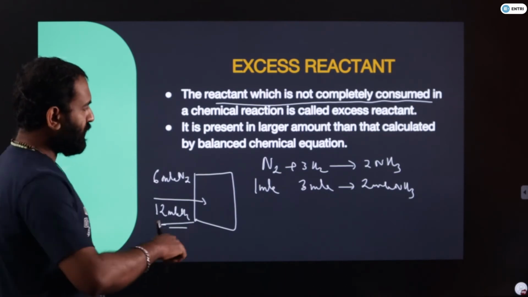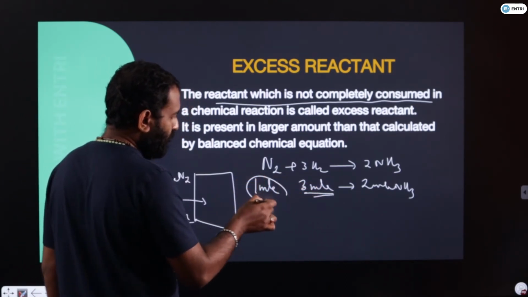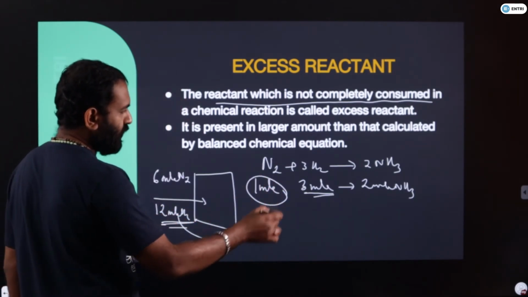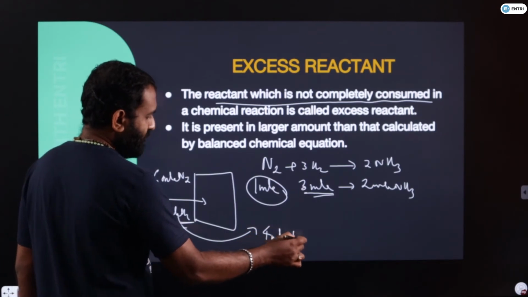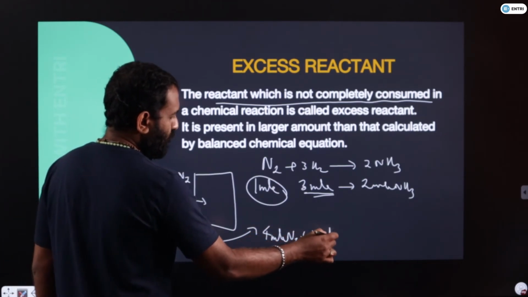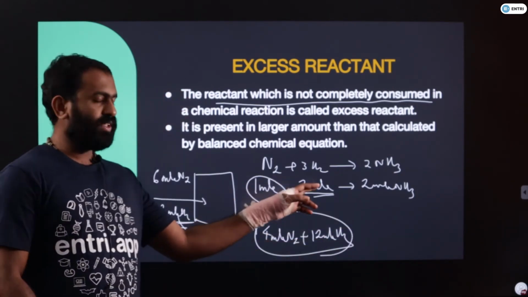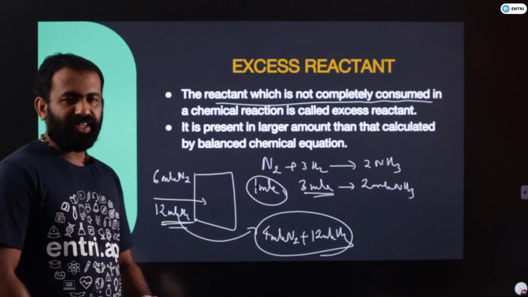By stoichiometry, 3 mole hydrogen needs 1 mole nitrogen. So, for 12 mole hydrogen we need 4 mole nitrogen. This is the stoichiometric ratio: for 1 mole nitrogen, 3 mole hydrogen is required, so for 4 mole nitrogen, 12 mole hydrogen is required.